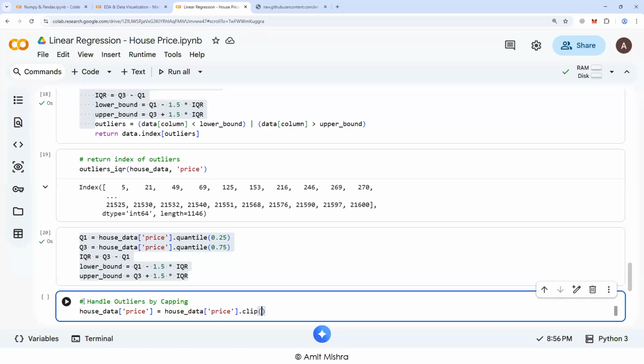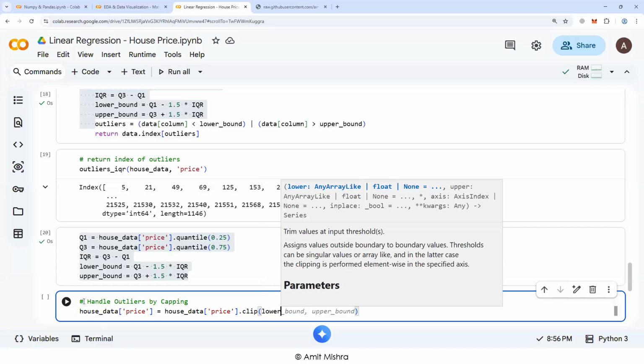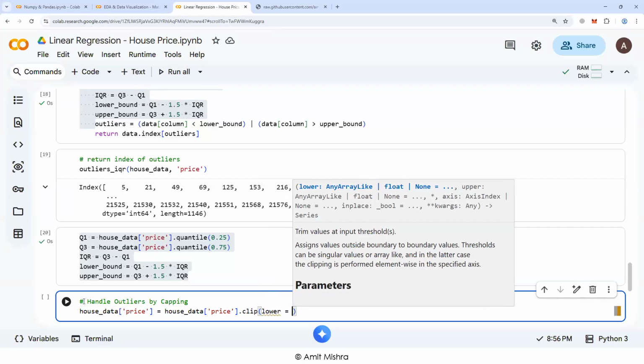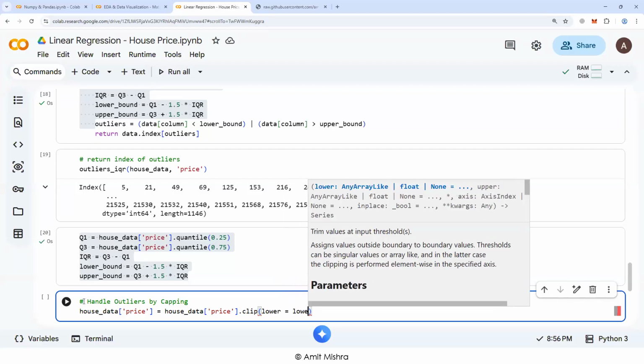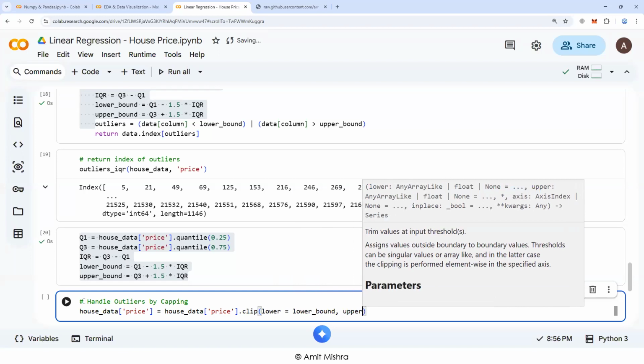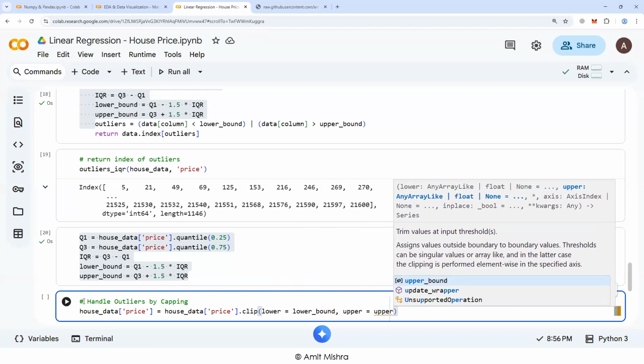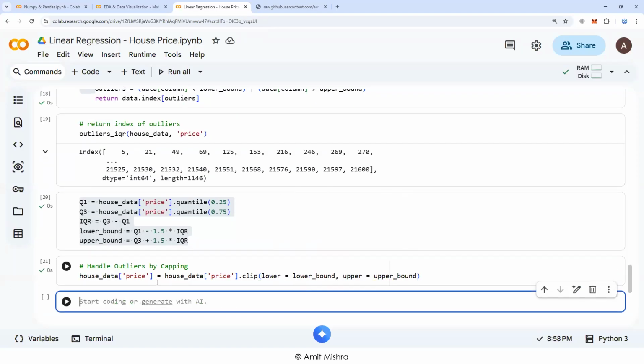Let's just clip here our lower limit. Any value which is lower than the lower limit will be set to the lower bound, and the upper value will be set to the upper bound. Done.